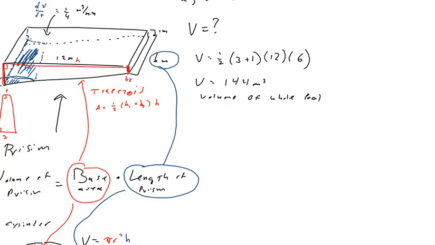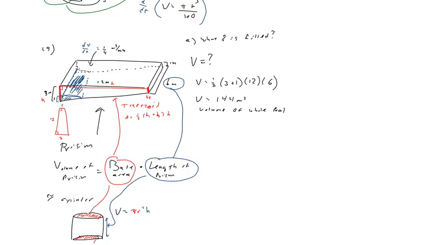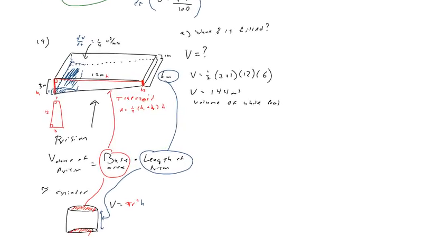But what did it want from us? It didn't want the volume of the pool. What did it want? What are we trying to figure out? We got the volume of the whole pool.